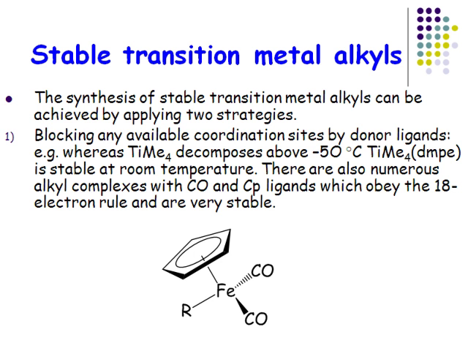Now here's a good one. DMPE. Does everyone know what DMPE is? Who here has encountered DPPE? What is DPPE? Most of you by this stage should actually know the answer to that question. This is the E part, an ethylene bridge here.